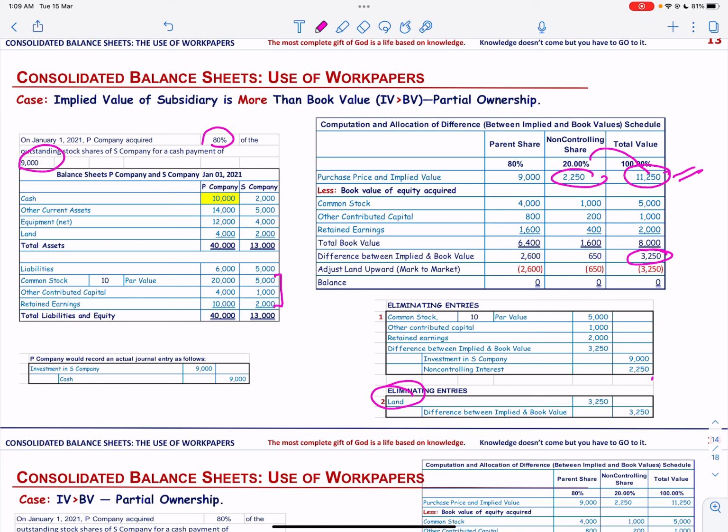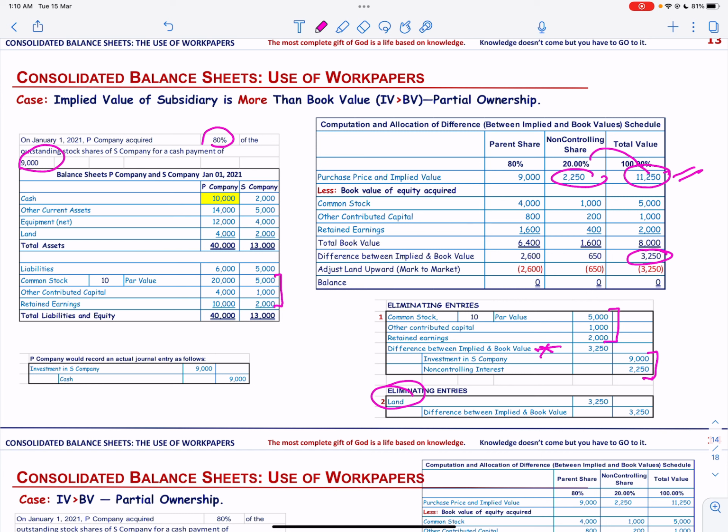Returning to the example again, the first workpaper investment elimination entry is: equity is debit, and investment in S company and non-controlling interest is credit. A new account entitled difference between implied value and book value is created in this entry.